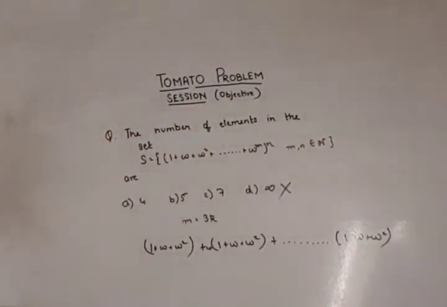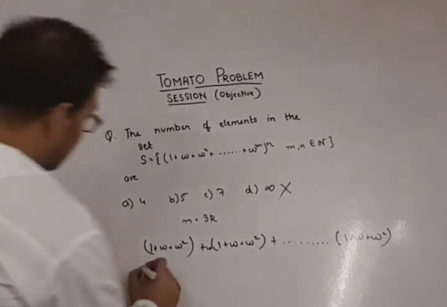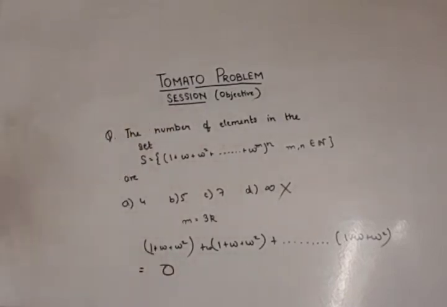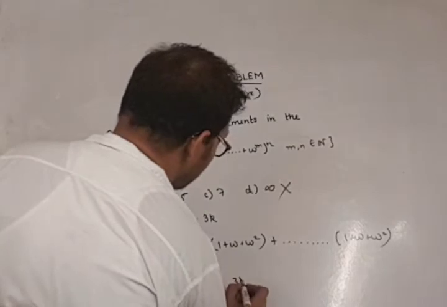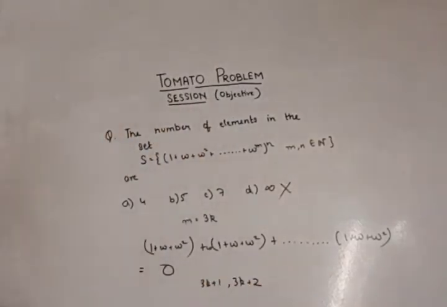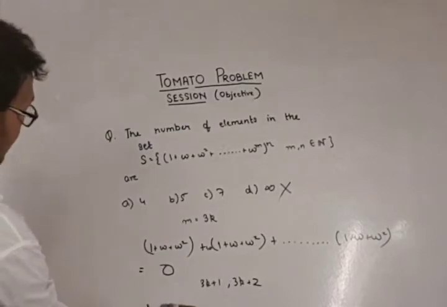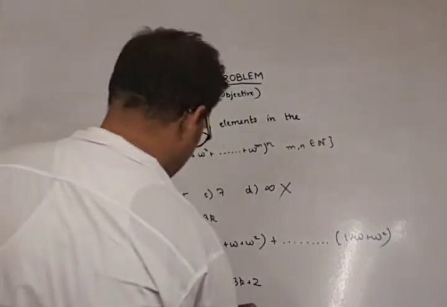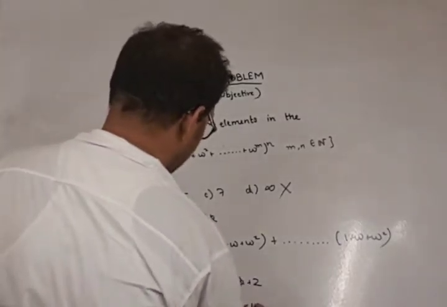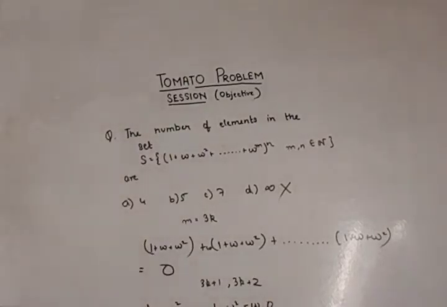Now what did I say, that 1 plus omega plus omega square is 0, and therefore when it is 3k it comes to 0. Now for the combinations of 3k plus 1 and 3k plus 2, we can see that the only values that it can approach are 1 minus omega square, omega minus 1, omega square minus 1, omega square minus omega, and 0. So how many distinct values are here?